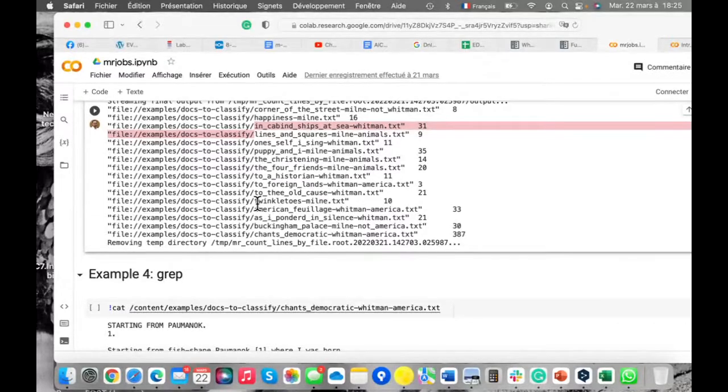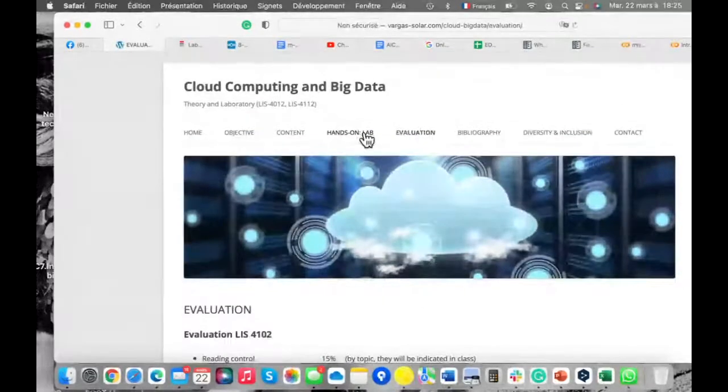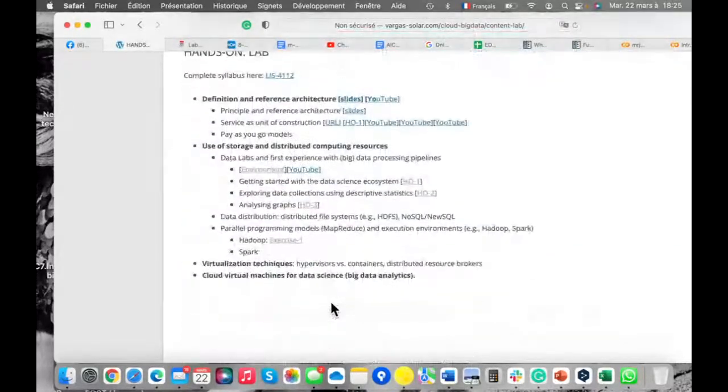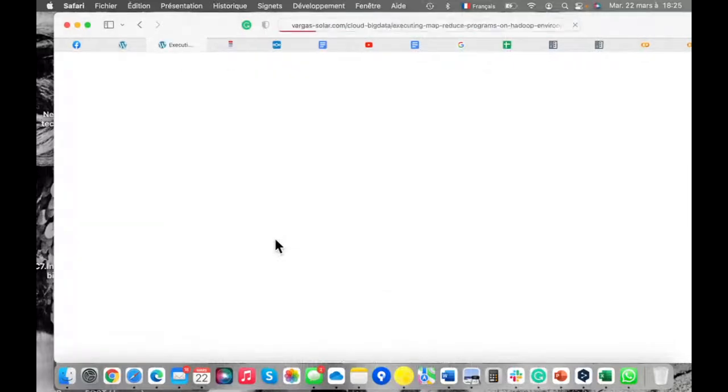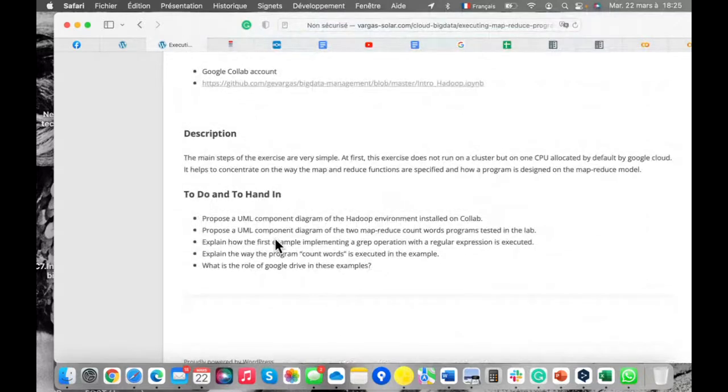Yes, it was the first exercise, and then what I was asking for was, let's see what I asked for. Yes, I was asking for a UML component diagram for the Hadoop environment, for the map reduce count words, how the first example implemented grep. Well, these 5 elements that have to include the report. Did you manage to hand in this?